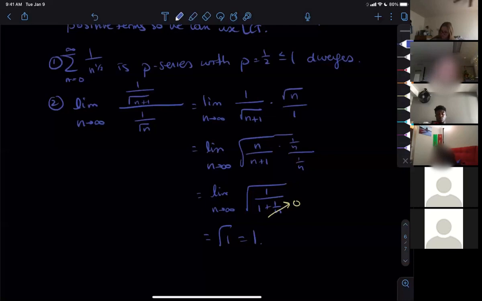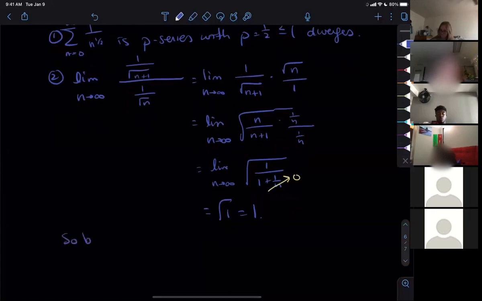What if the limit's 1? Does that mean there's no info? What does a limit of 1 mean for the limit comparison test? For the limit comparison test, if you get a constant between 0 and infinity, not including 0, then they both do the same thing. And since the one we know about diverges, that means the one we don't know about also diverges.